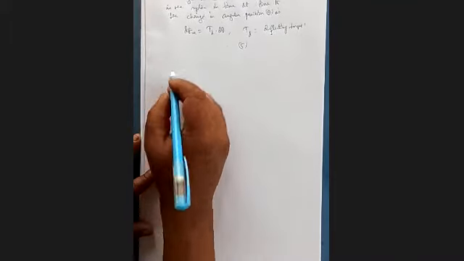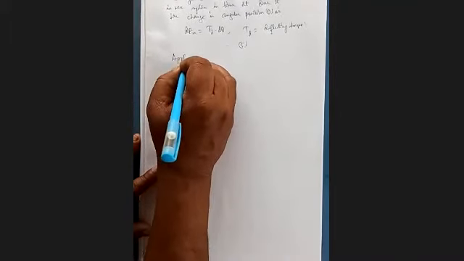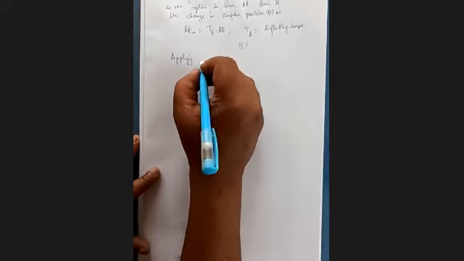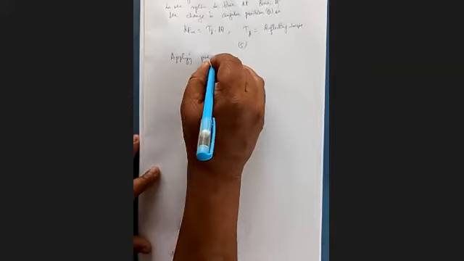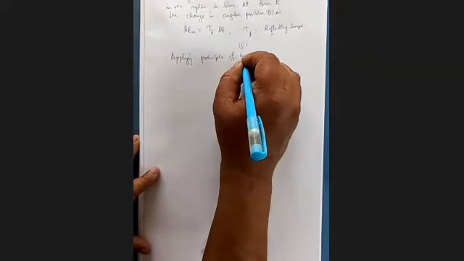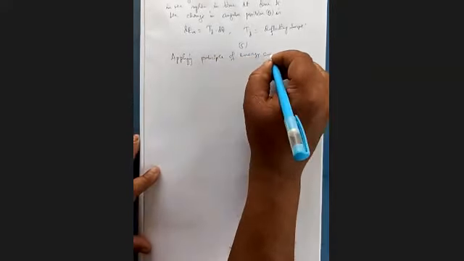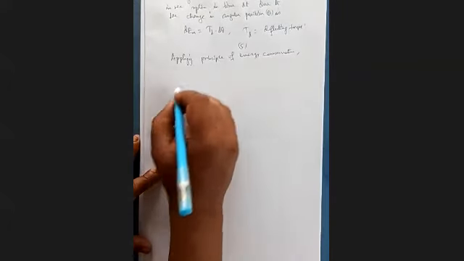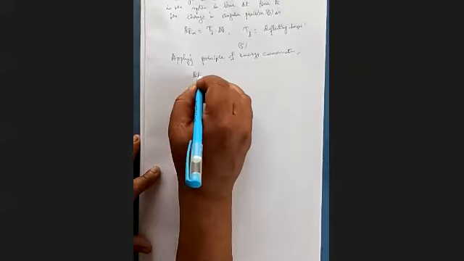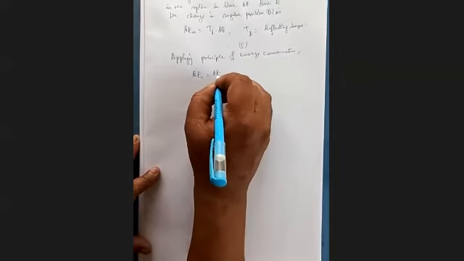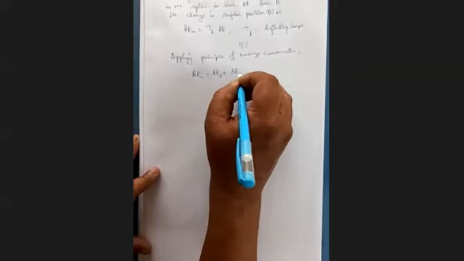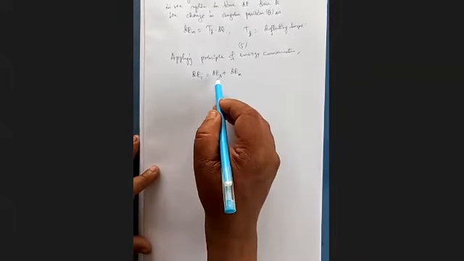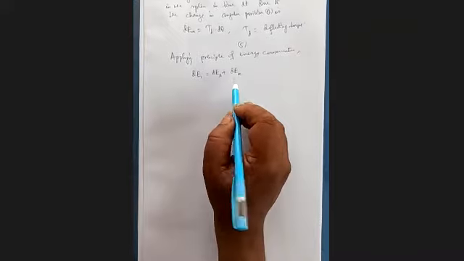So applying the principle of energy conservation, we get dEI equals dES plus dEM. That is, the change in electrical energy input is equal to the change in stored energy plus the change in mechanical energy.